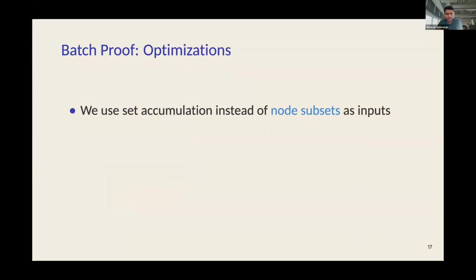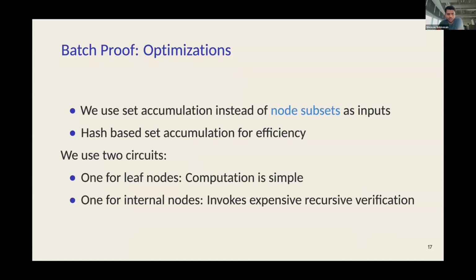Key optimizations which we use are, rather than passing around subsets as is, we use set accumulation, and we use hash-based set accumulation for efficiency reasons, and we don't need specific properties from it. So a hash-based set accumulation works perfectly fine for us. And we also have two separate circuits. As you can recall, the computation at the leaf level was fairly simple.